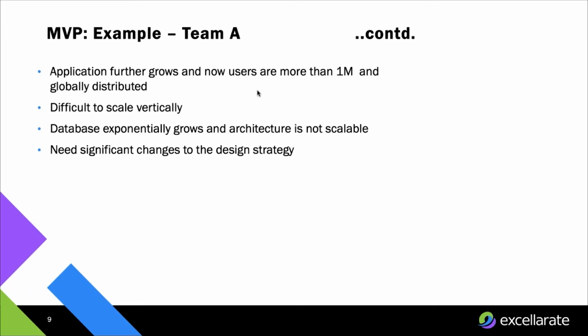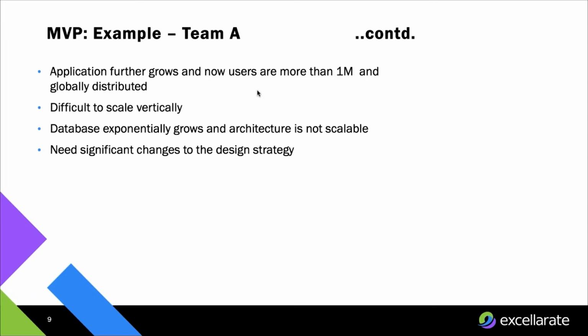Now they were running into a challenge where the application was difficult to scale vertically, because there's a limit to how much horsepower, like CPU or RAM, you can add. You are going to reach a limit where you can't do anything more.